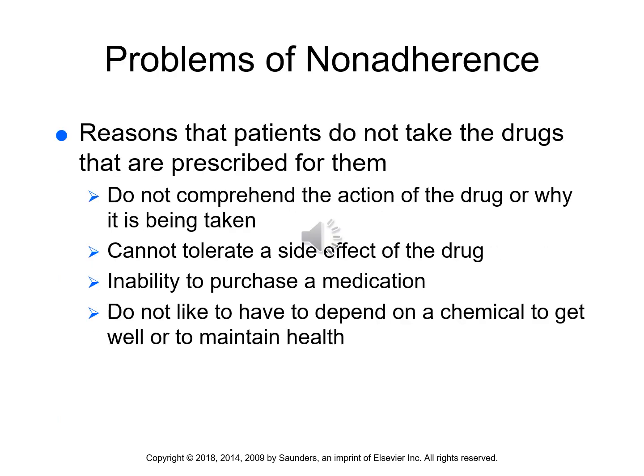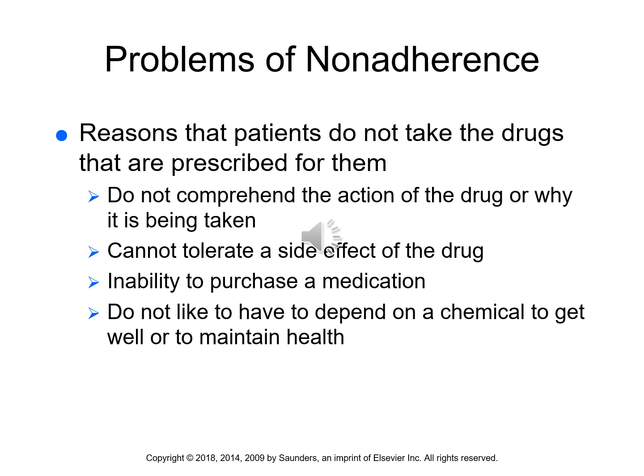So there are several reasons a patient may not adhere to their medication regimen. Maybe they don't understand what the drug does or why the medication is being taken. So then you need to be able to educate them on the importance of taking this medication and the effects of not taking the medication or taking it properly.